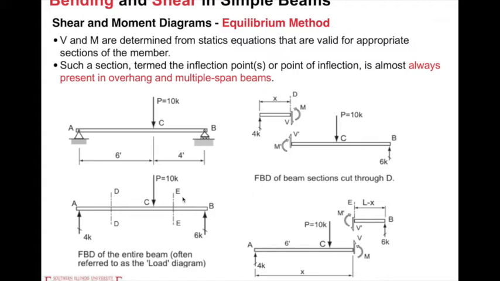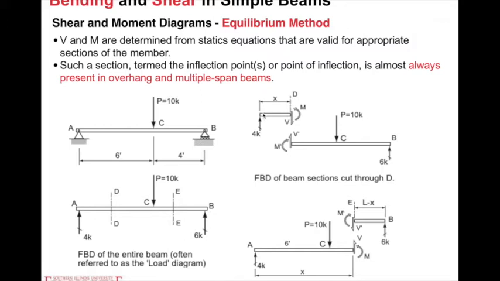For example, in this one we have support A, Ay, By. Because all the loads are vertically directed, Ax is 0. And we cut two pieces, two cross sections: DD between A and C, and EE between C and B.